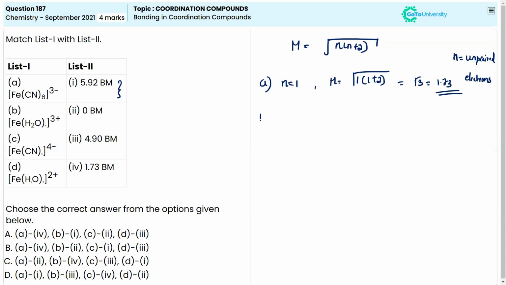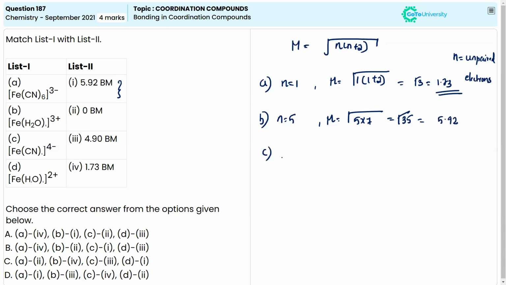Now the second one, [Fe(H2O)6]3+. This has 5 unpaired electrons, so the mu value will be square root of 5 times 7, that is 35, which is equal to 5.92.